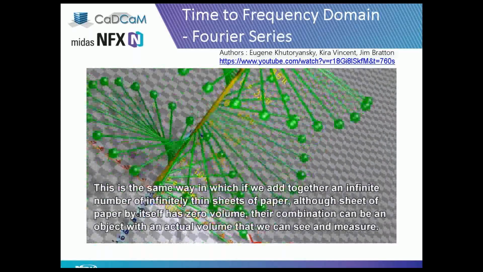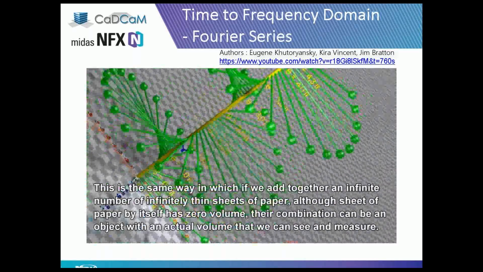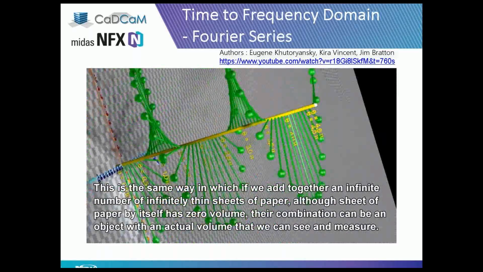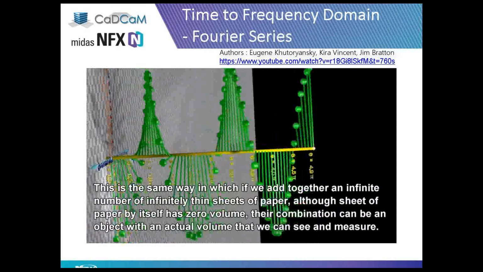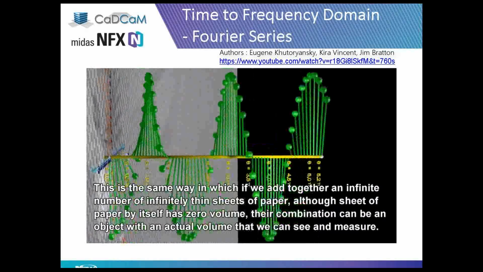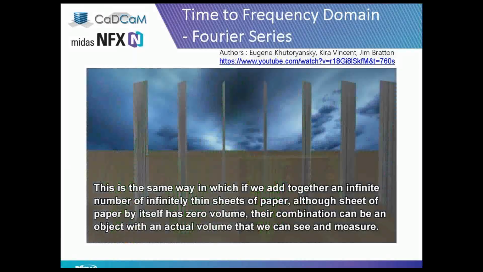This is the same way in which, if we add together an infinite number of infinitely thin sheets of paper, although each sheet of paper by itself has zero volume, their combination can be an object with an actual volume that we can see and measure.